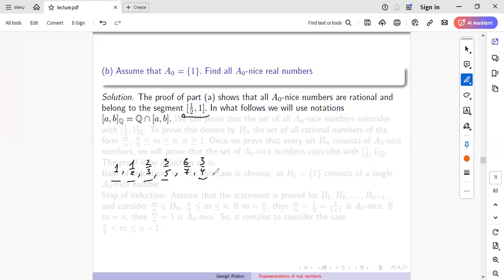However, if we take numbers 1/2 and 3/4, we get 1 over 1/2 plus 3/4, which is 4/5. So we obtained all rational numbers from segment 1/2 to 1 with denominator 5.